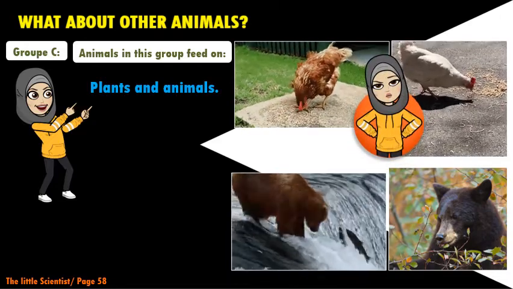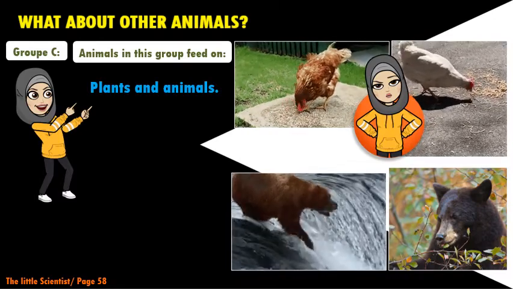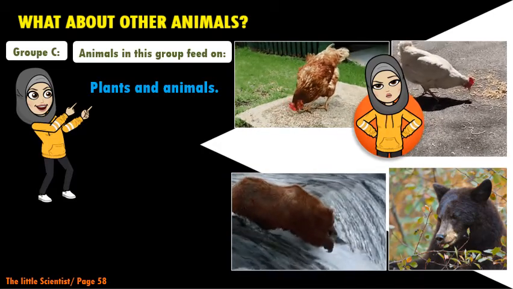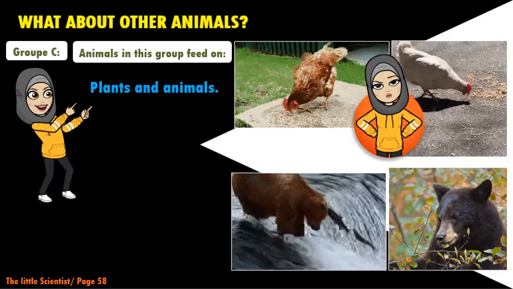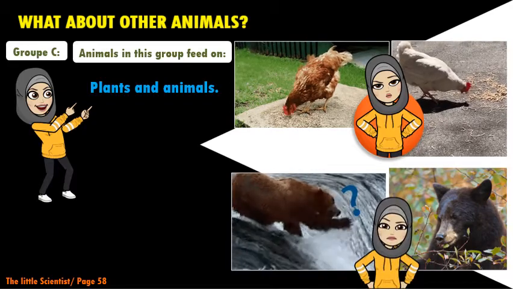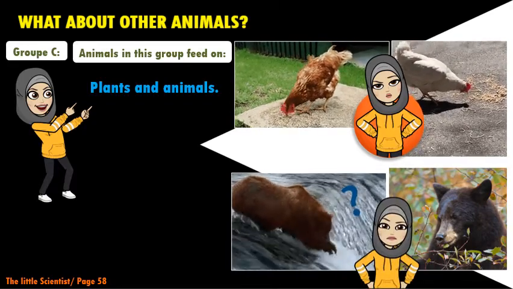So is the chicken a herbivore or a carnivore? I'm confused. Does the chicken consume plants only or animals only? What do you think? The chicken consumes plants and animals, both plants and animals. The brown bear too. Is the brown bear a herbivore or a carnivore?